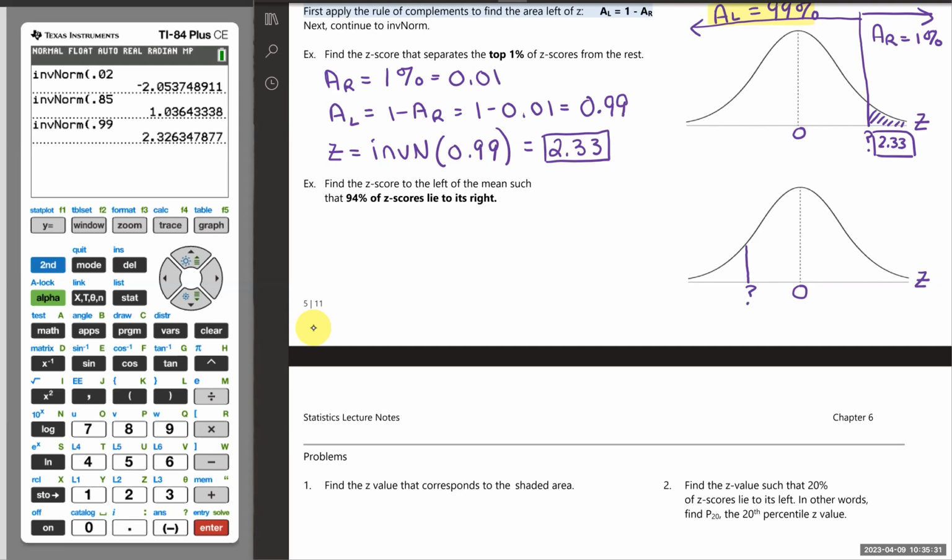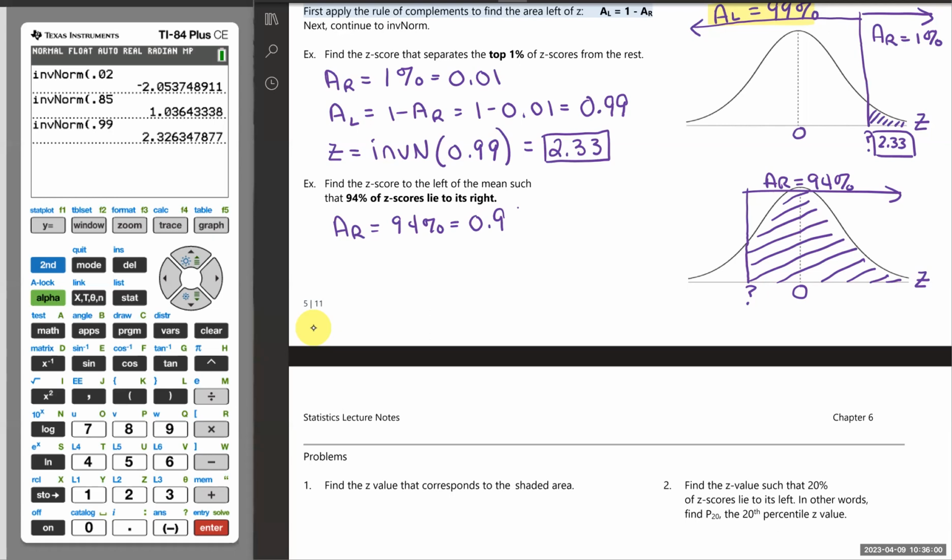That's what I'm looking for. Such that 94% of z-scores lie to its right. So they want that area to the right to be 94%, 0.94.